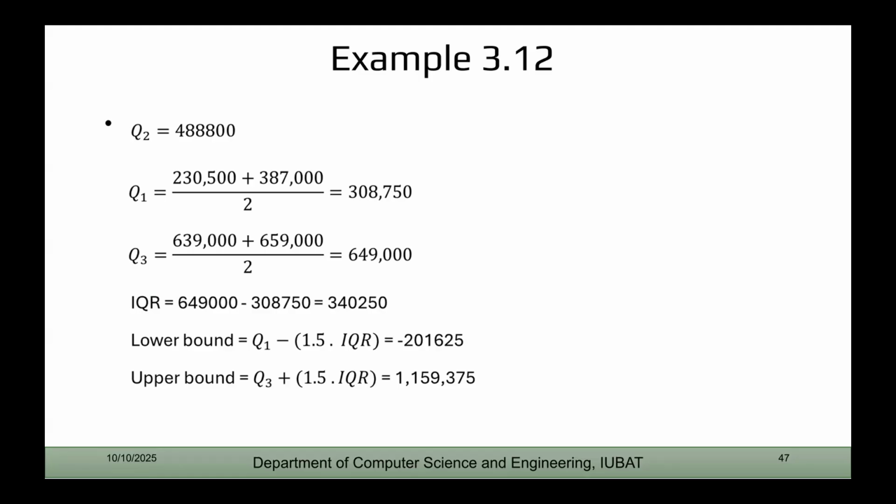Next, calculate the IQR value. We know that IQR is Q3 minus Q1. Here Q3 is 649,000 minus Q1, 308,750. So now you have the IQR.